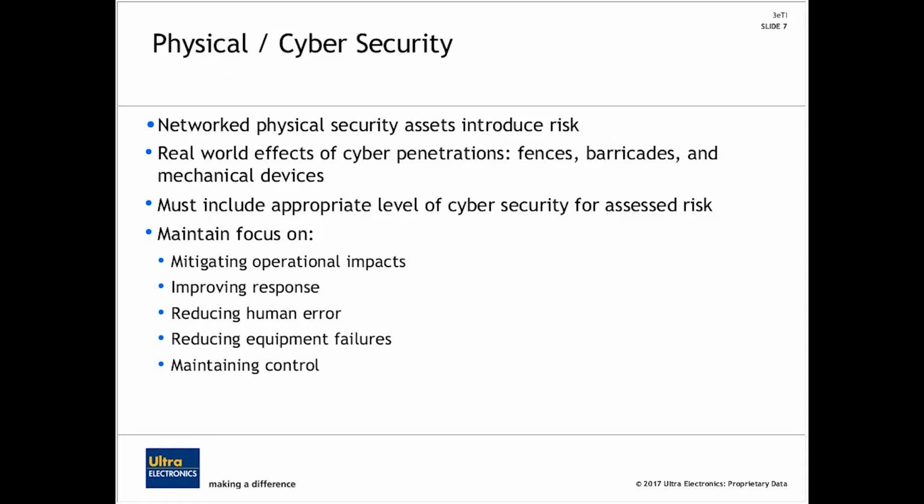And there are IT implications, of course, of cyber hacking, but with physical security, there are real-world effects, just like any OT, of cyber penetrations, where you can have fences and gates and barricades manipulated remotely. You can have them manipulated remotely without it being acknowledged at a central location.